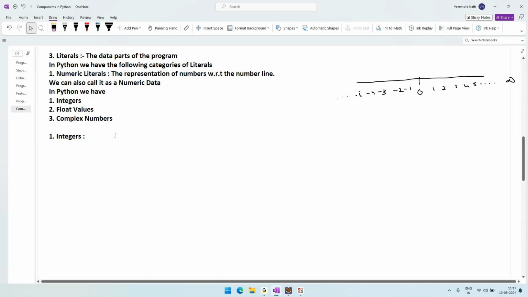Okay, so decimal point లేని నంబర్స్ అన్నమాట.